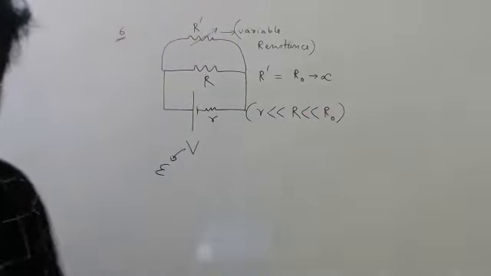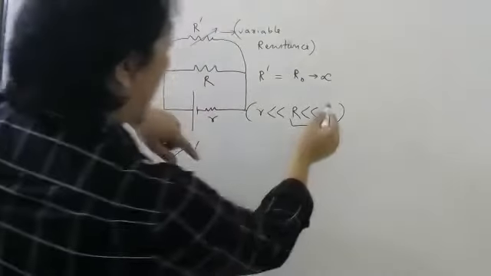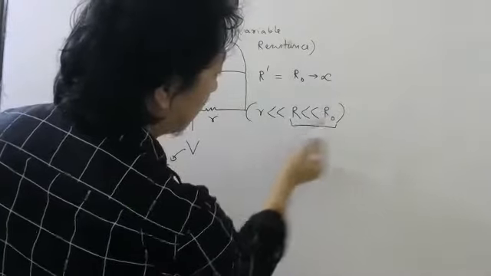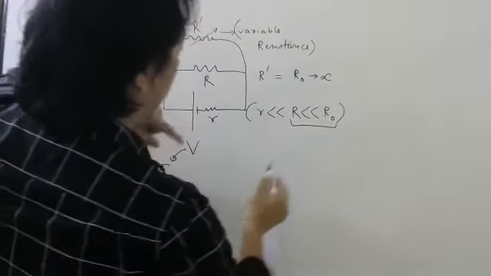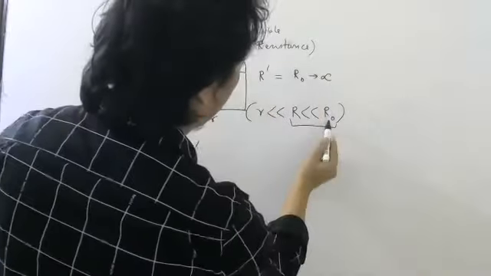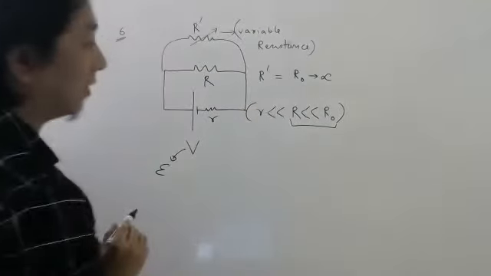Okay. This basically means what? This part means R dash is much larger than R. So R naught is much larger, but you know the value of R dash starts from R naught only, right?